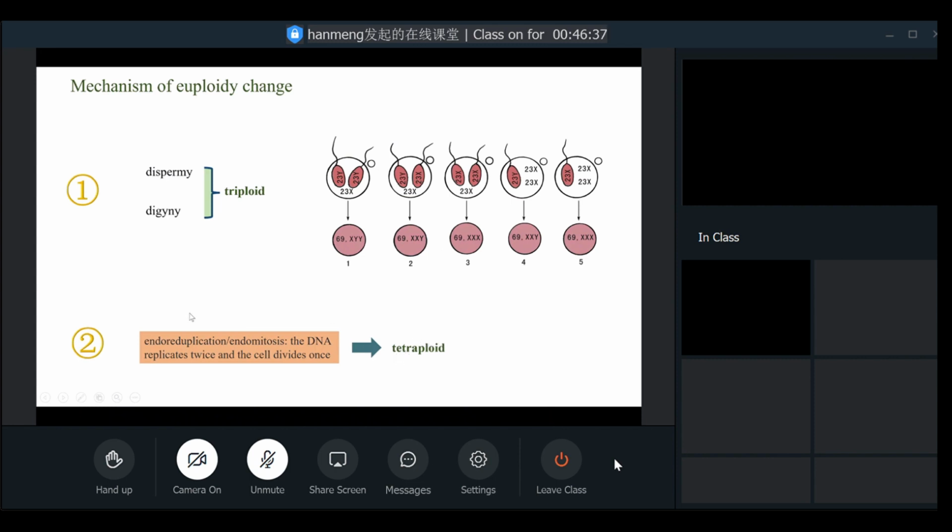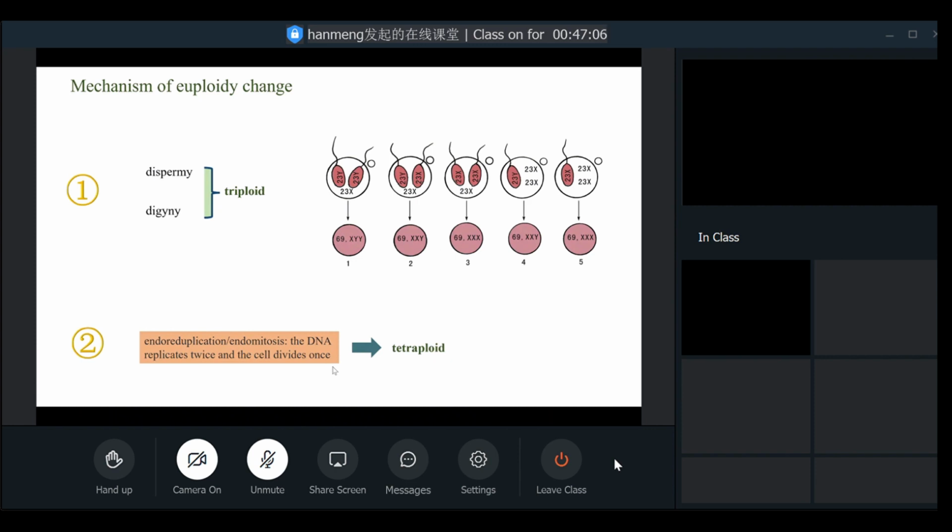The second one is the tetraploid. It is because of the endoreplication, also named the endomitosis. It means the DNA replicates twice, and the cell only divides once. So this will cause this cell to have 2 chromosome sets.